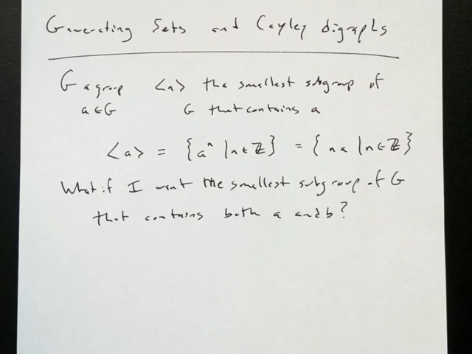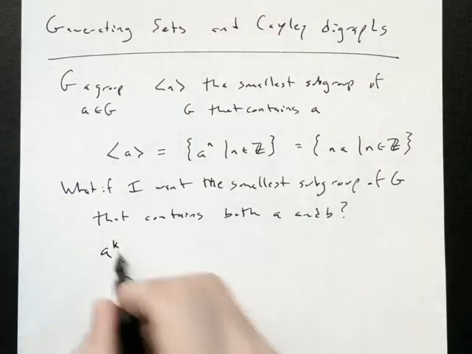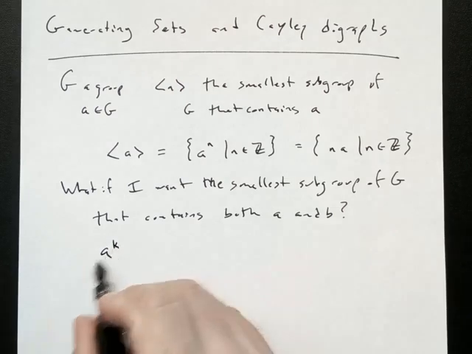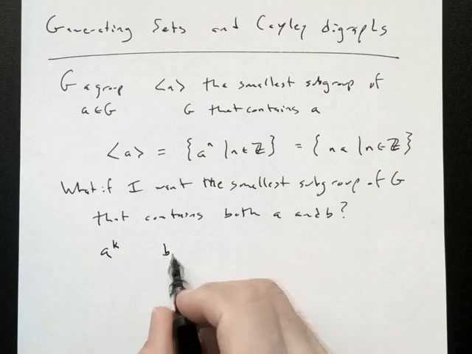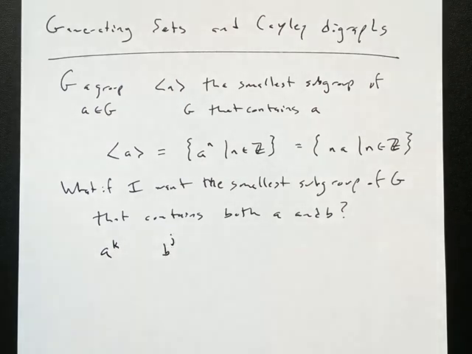You have to generate a subgroup of both and then take the union. If I were to do that, I would see any expression that looked like A to some power, whether that power was positive or negative, and I'd see any expression of the form B to some power, whether that power was positive or negative. But that's not a group yet, because that set, the set containing just those things, isn't closed. What else could I have?